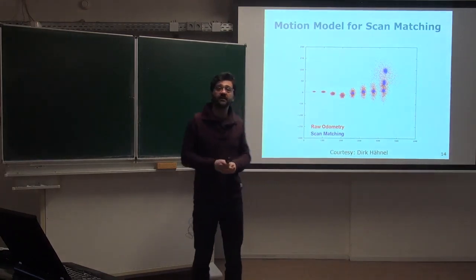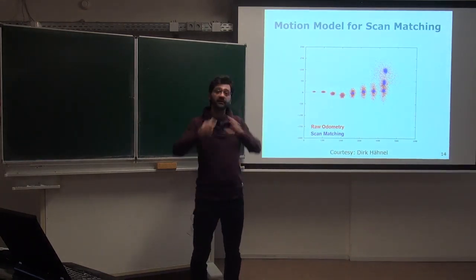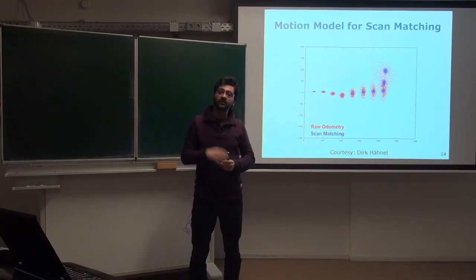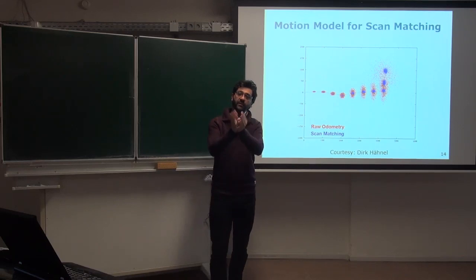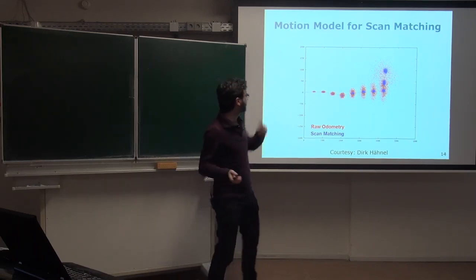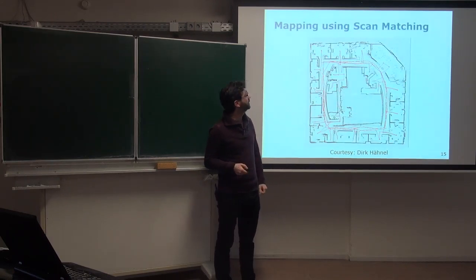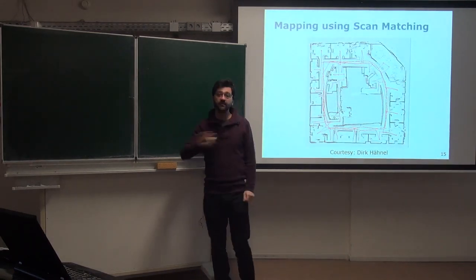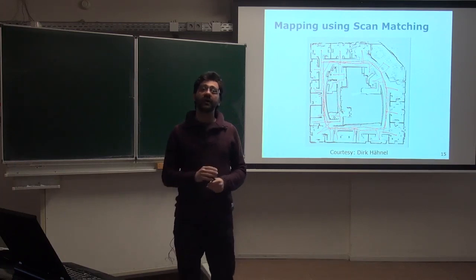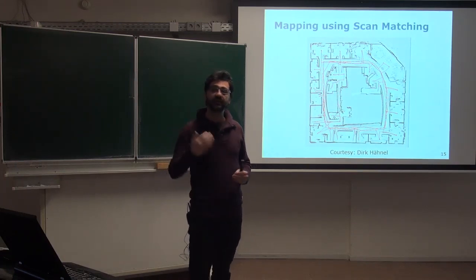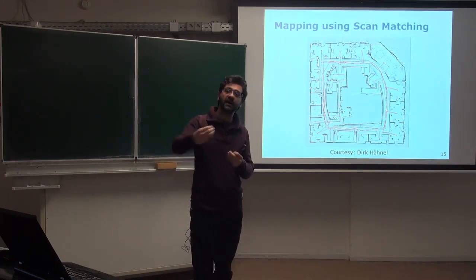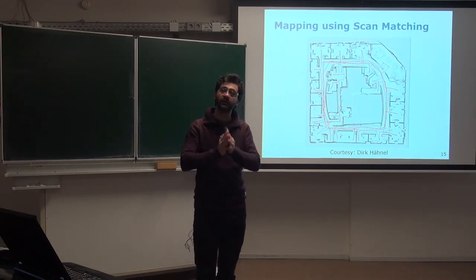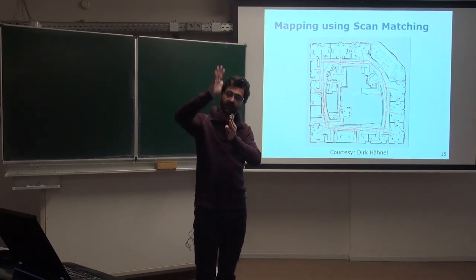Okay, so the idea is that we want to cover the whole part of the state space where the mass of the distribution is, and the smaller this part of the space is, the fewer samples we need for covering it. Now, let's see what happens if we just do scan matching alone. We don't do any other post-processing, we just do incremental scan matching over time by aligning locally the scans while the robot moves.